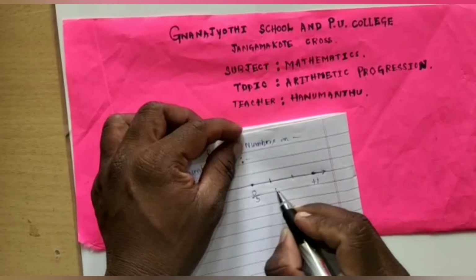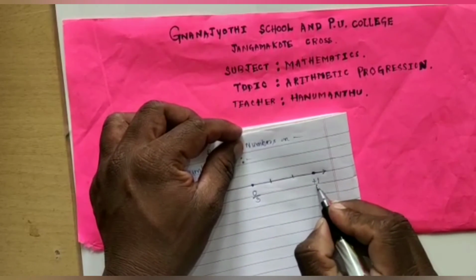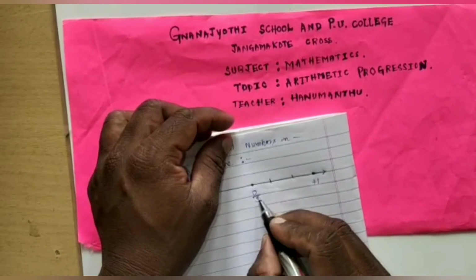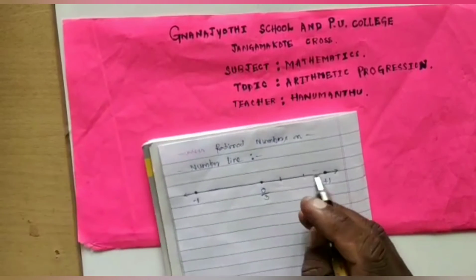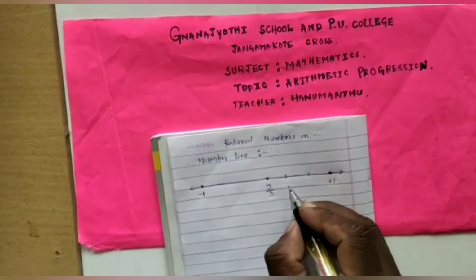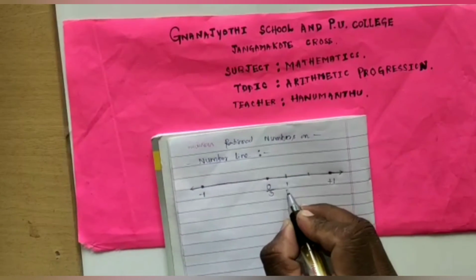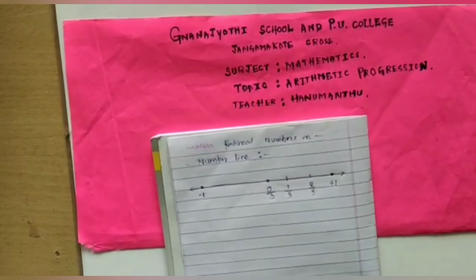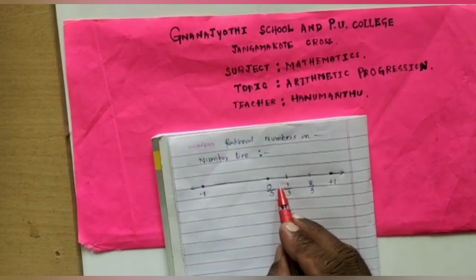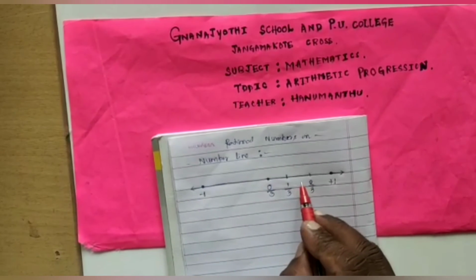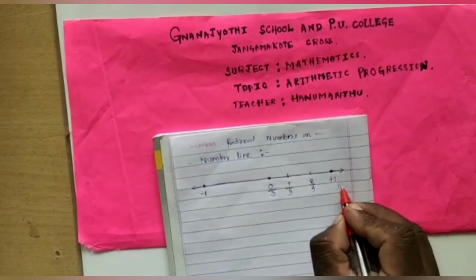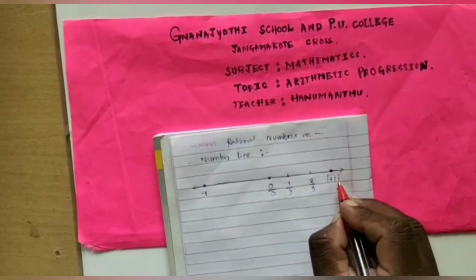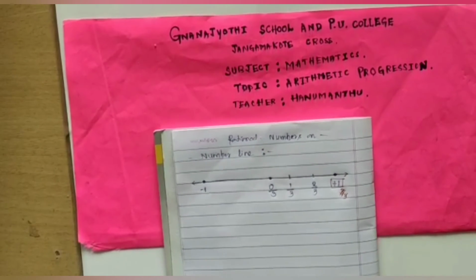This is the first part, the second part, and the third part. 0 by 3 is a rational number because it is of the form p by q. The next is 1 by 3, then 2 by 3, and next is 3 by 3. The 3s cancel and we get 1, isn't it, children?